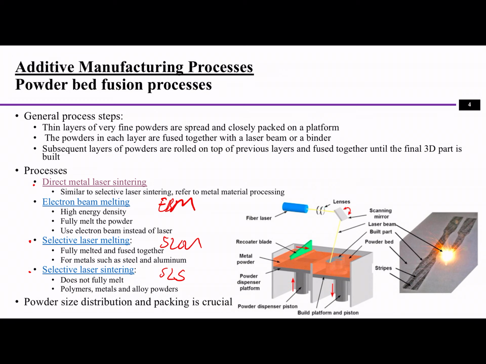For EBM we use an electron beam, for the others they use lasers, but when they melt, the powder is a little bit different. For example, selective laser melting fully melts the powder and it's fused together, while selective laser sintering does not fully melt the powder. It just needs to sinter the powder between two different layers, and that's good enough. So there are some differences in those processes. Now let's look at each one of those.